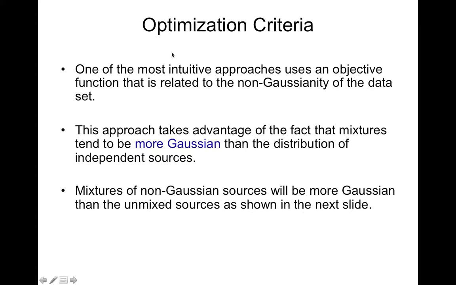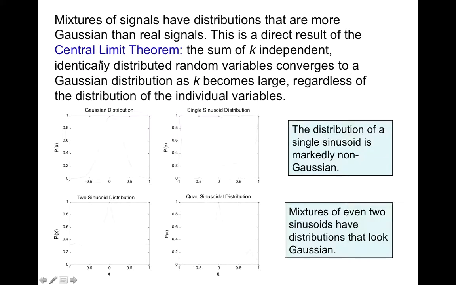The main optimization criterion typically used is an objective function related to the non-Gaussianity of the data set. This takes advantage of the fact that mixtures tend to be more Gaussian than the distribution of the independent sources. So mixtures of non-Gaussian sources will be more Gaussian than the unmixed sources. Let's look at that.